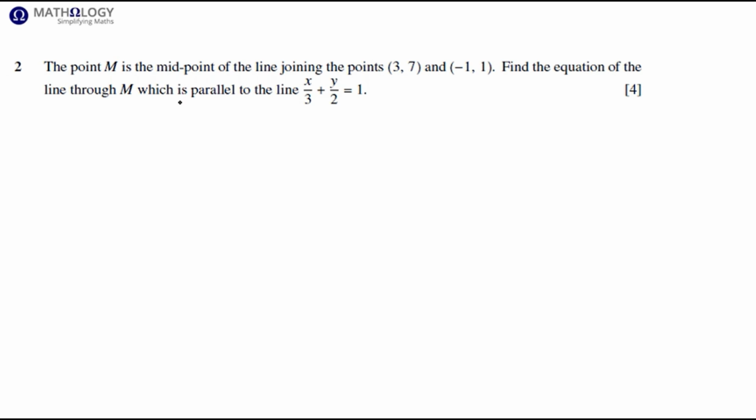Question 2. The point M is the midpoint of the line joining the points (3, 7) and (-1, 1). We're required to find the equation of the line through M, which is parallel to this line, x over 3 plus y over 2 equals 1.